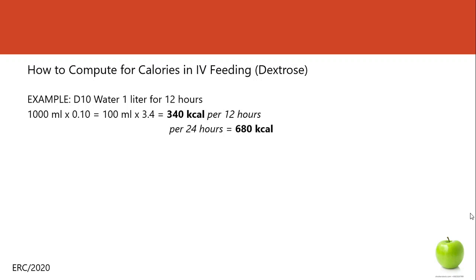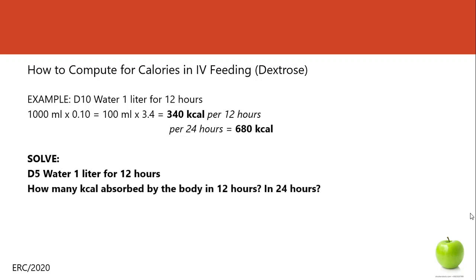So, for 24 hours, we have 680 kilocal. Okay, so solve this. D5 water naman, 1 liter for 12 hours. So, how many kilocal absorbed in the body in 12 hours and how many kilocal absorbed in 24 hours.